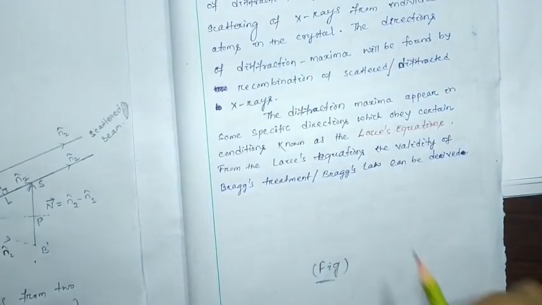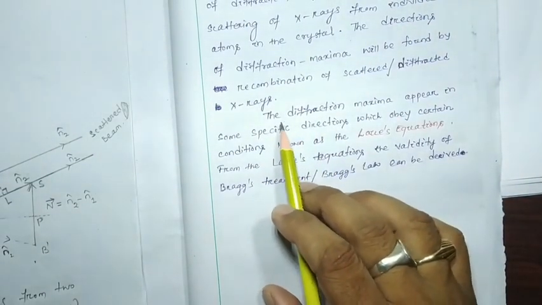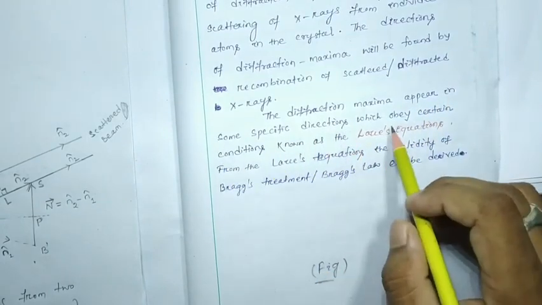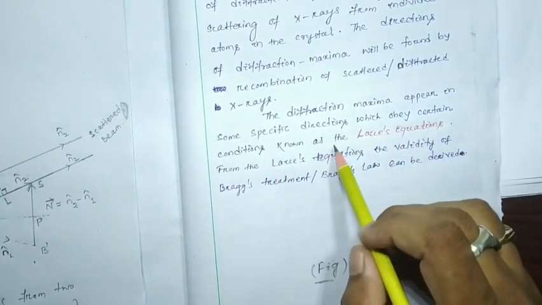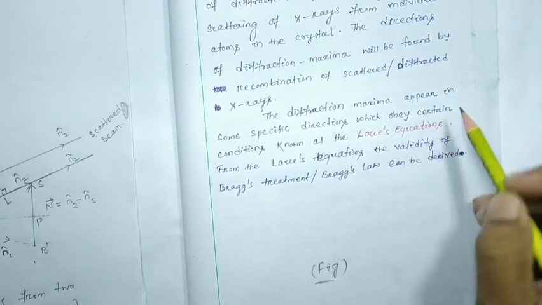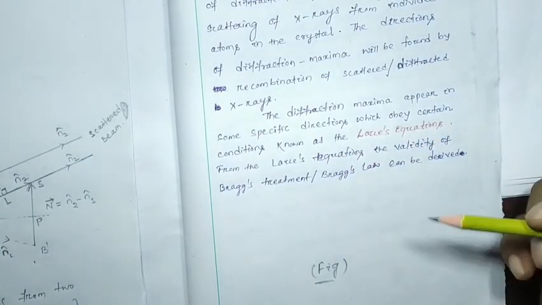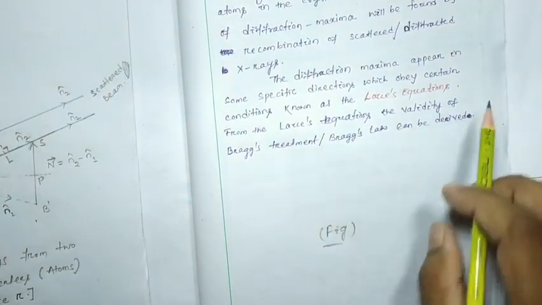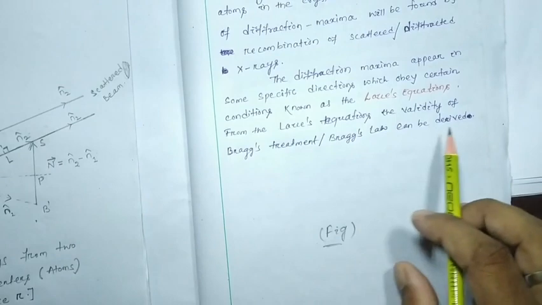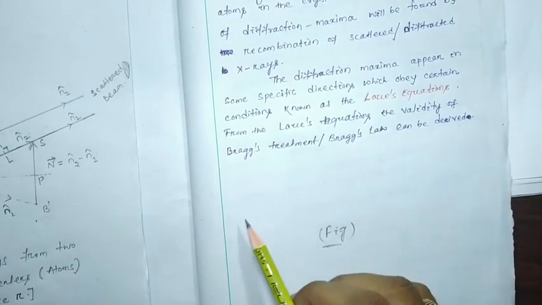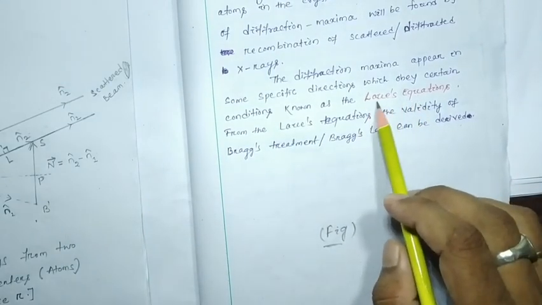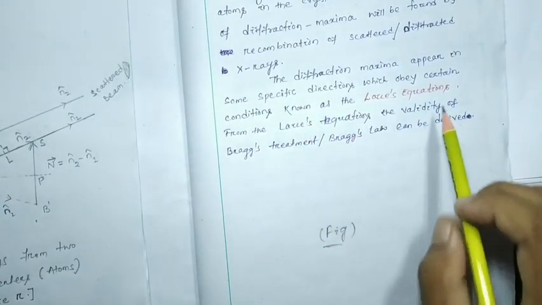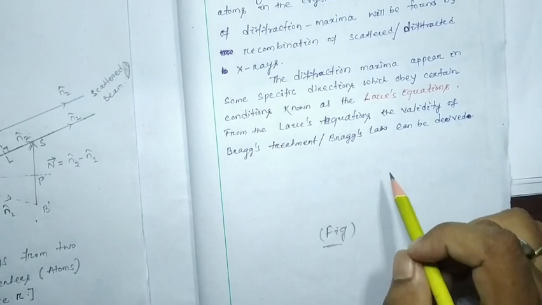Okay, so this is written like that: the diffraction maxima appear in some specific directions which obey certain conditions, that are known as Laue's equations, which we are going to derive in this video. From Laue's equations, the validity of Bragg's treatment, Bragg's law, can be derived. From Laue's equations also, the validity of Bragg's law can be derived.